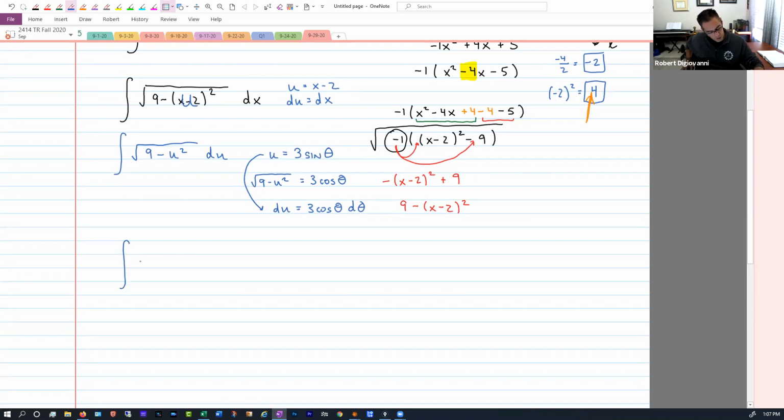And then I can just rewrite the integral. So the square root part turns into 3 cosine theta. And then the du, don't forget the du, is 3 cosine theta d theta. 3 times 3 is 9, bring that out. Cosine times cosine is cosine squared. And how would we deal with this?